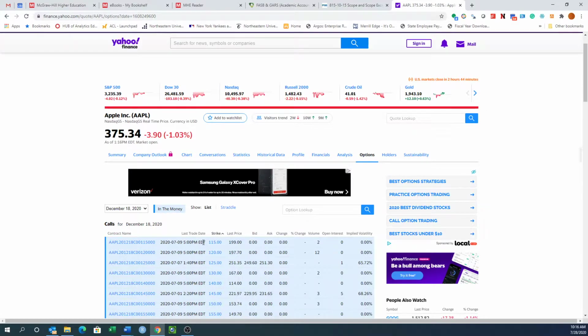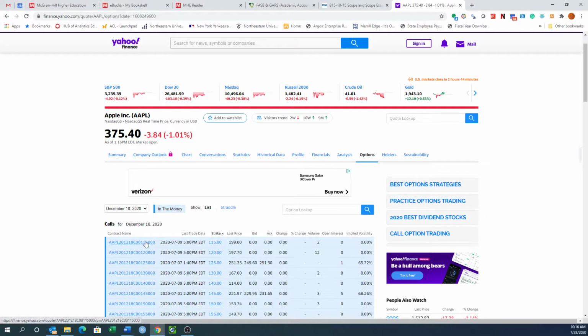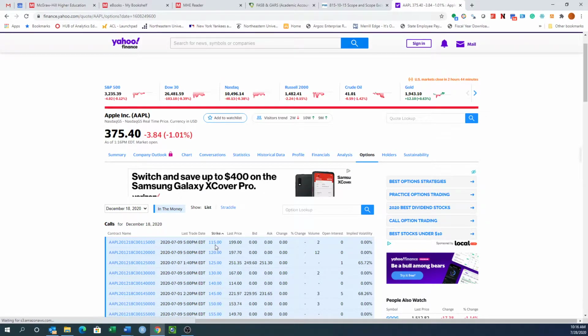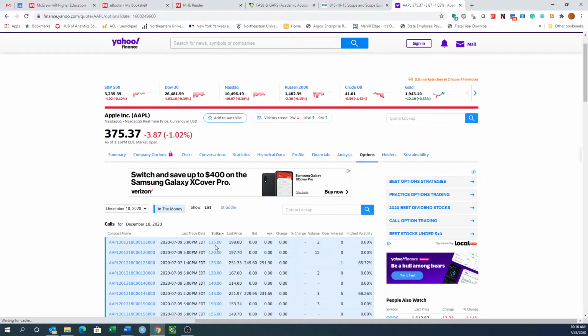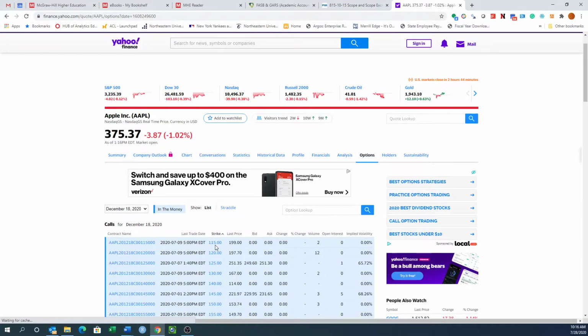But what we've got here is a strike price. What this means is the person who buys this option has the right to purchase Apple at $115 per share. Right? Now the price of Apple currently is $375 a share.